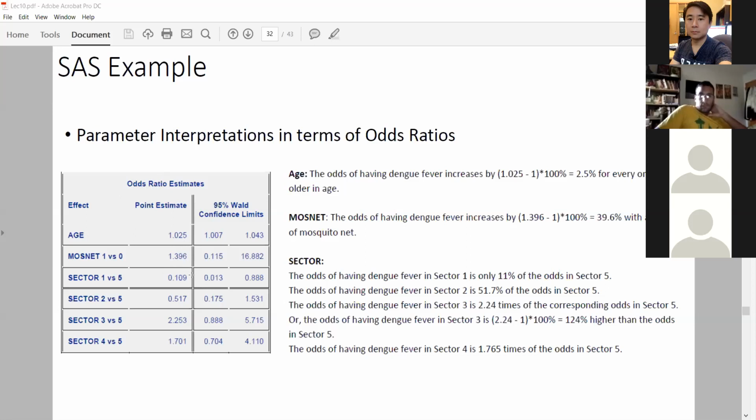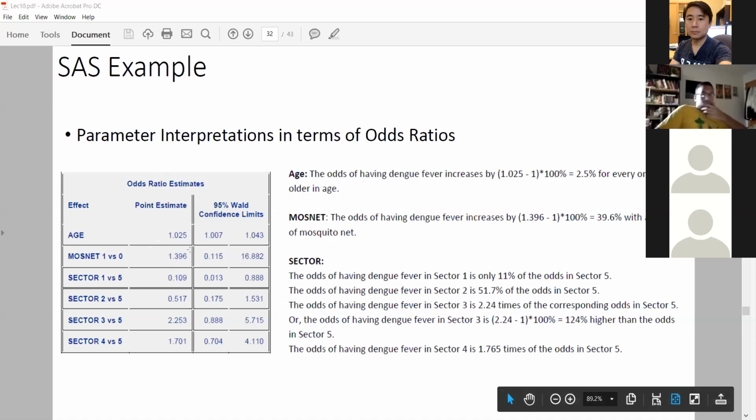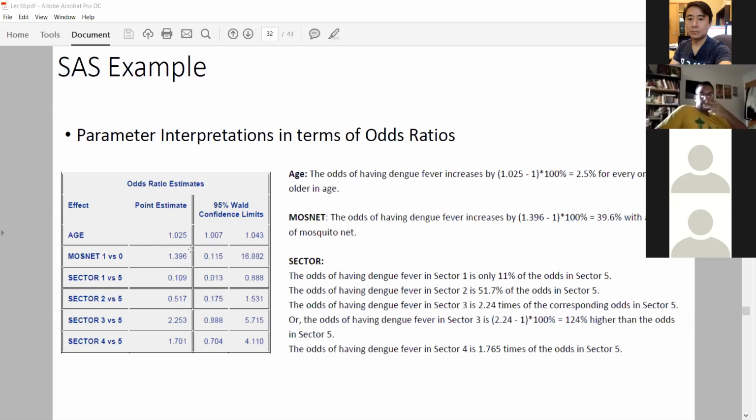So it doesn't make sense to subtract 1 that way, because it is not a linear relationship. But the link between them is that 1 over the other one is the odds ratio for switching around the reference group.